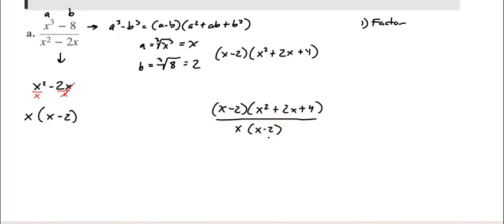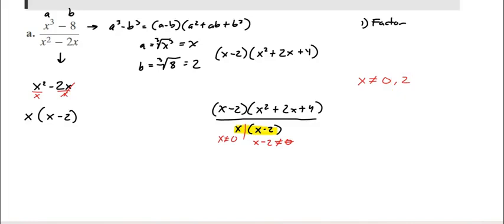Now if we were solving, this is where we start looking for restrictions. Remember, restrictions are whatever is going to end up making the denominator 0. So we say x cannot equal 0 and 2. How do I know that? Because x cannot equal 0, and x minus 2 cannot equal 0, and then we just solve accordingly.